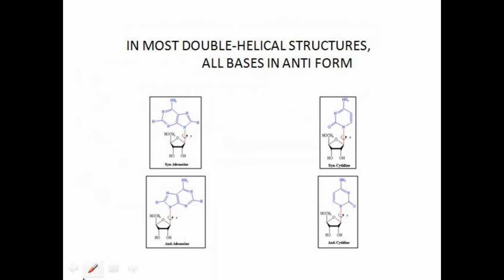And in most double helical structures, all bases are present in anti form. Here mainly purines are existing in anti forms, whereas pyrimidines are existing in syn form.